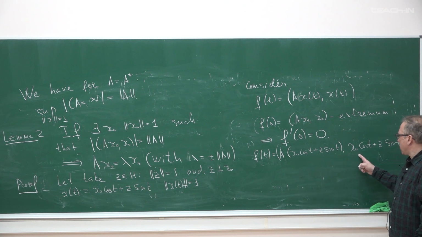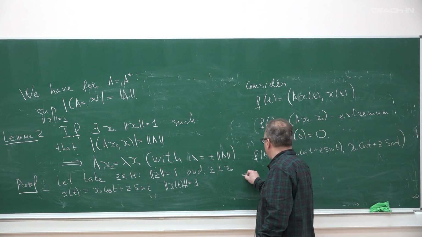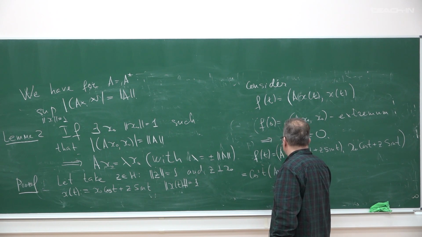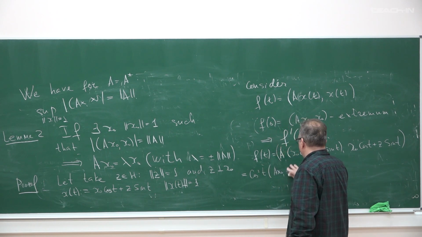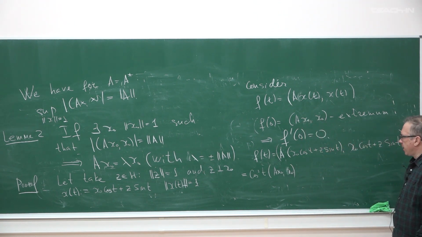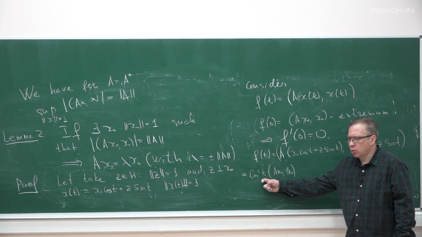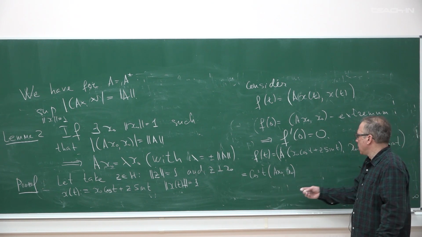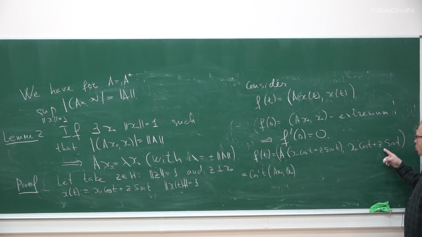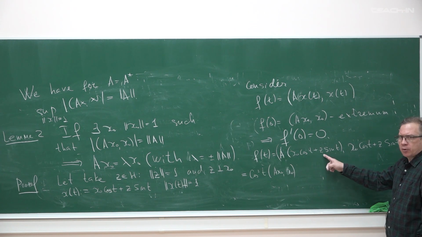So A x0 on x0 we obtain cosine square t, A x0 x0. Then we have the factor cosine t sine t. It is when this A x0 multiplies on this z, or this x0 multiplies on this z.